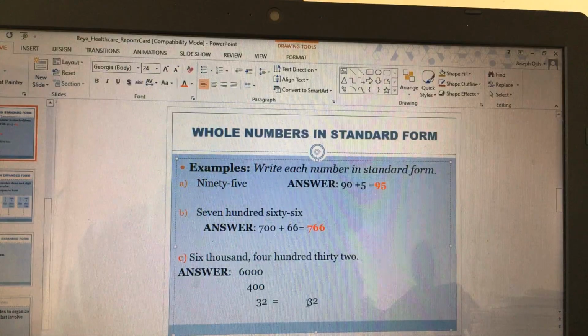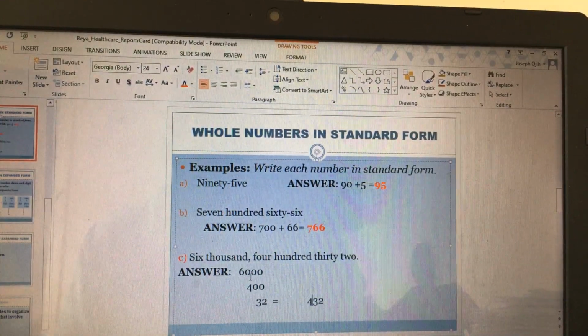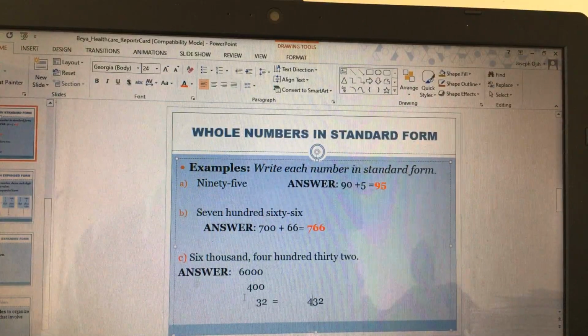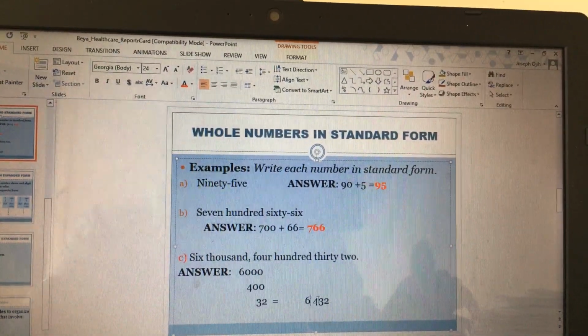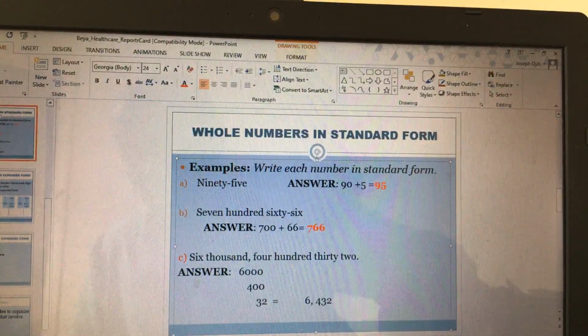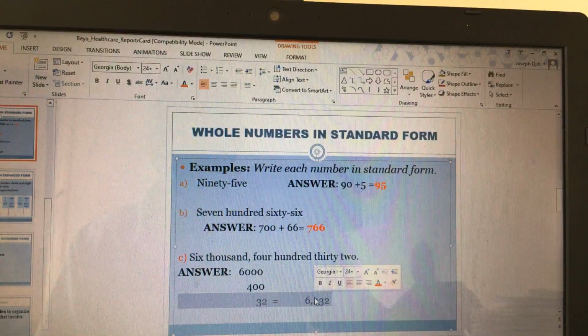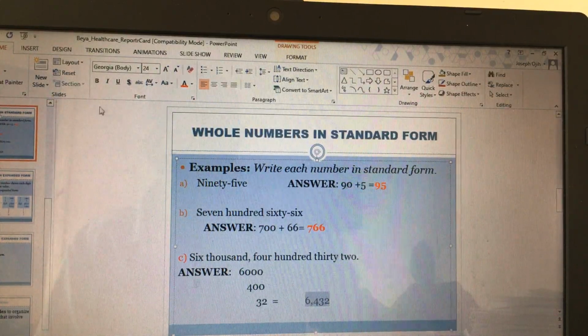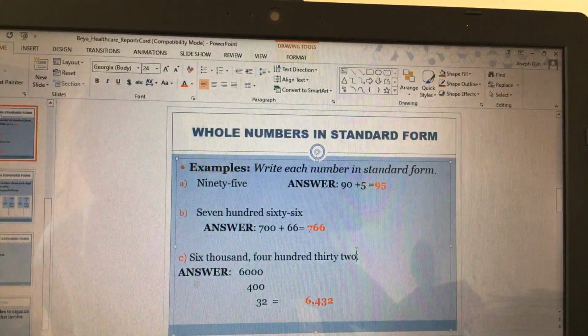Okay. 4 plus 0 gives us 4. Okay. And nothing here for 6, so just put 6 right there. And that is our answer right there. It is now in standard form. I hope that makes sense.